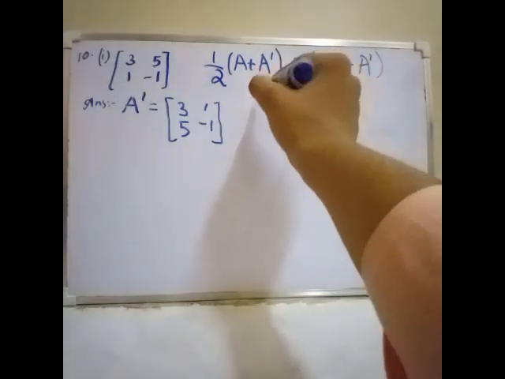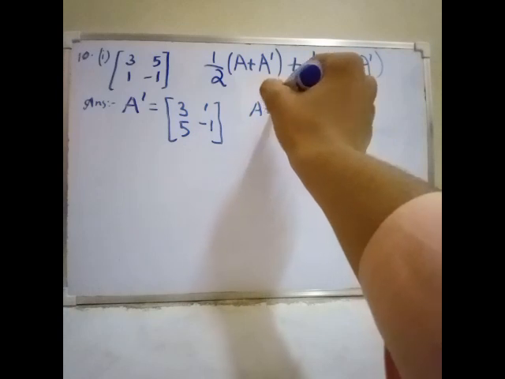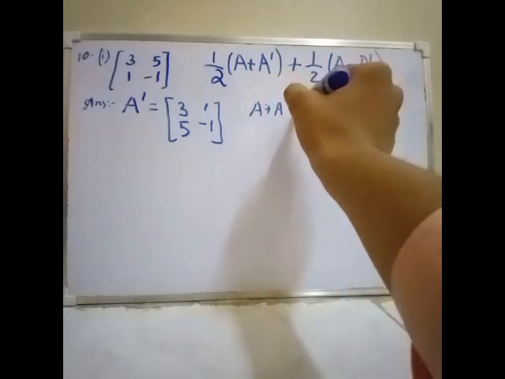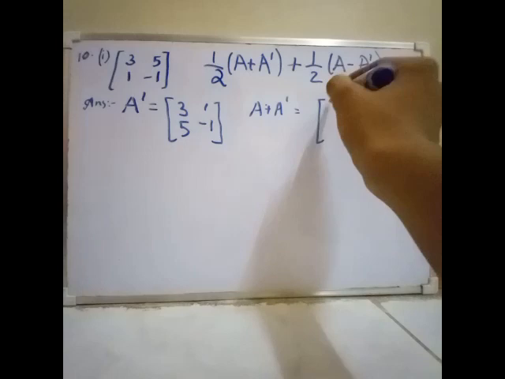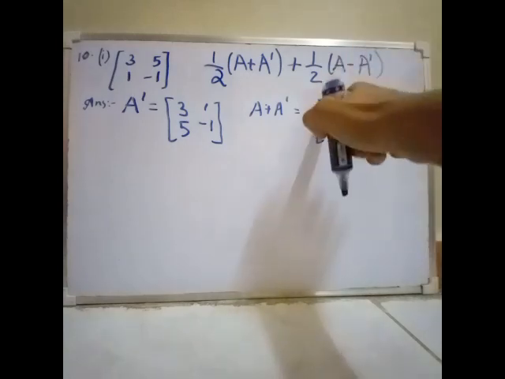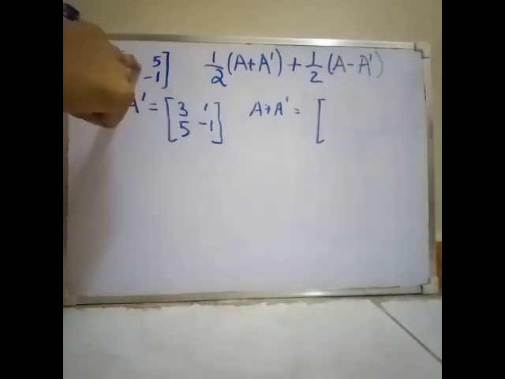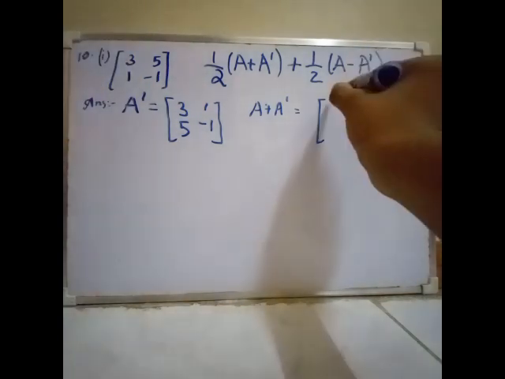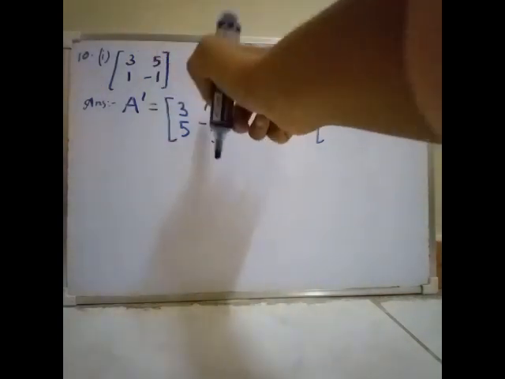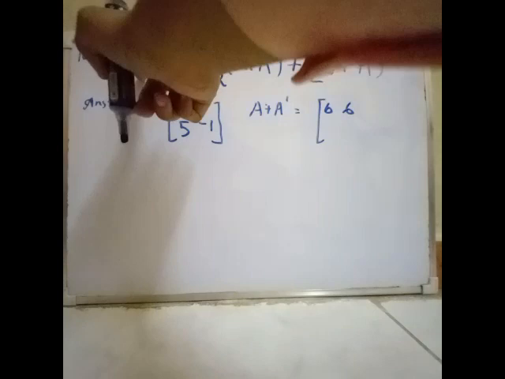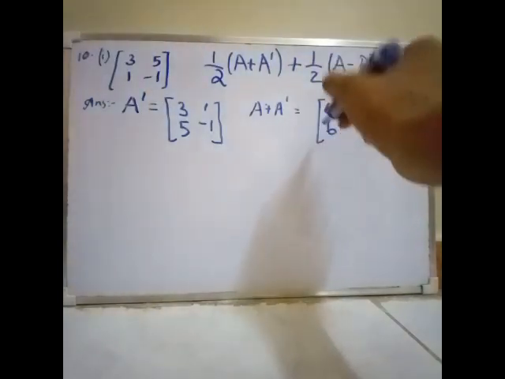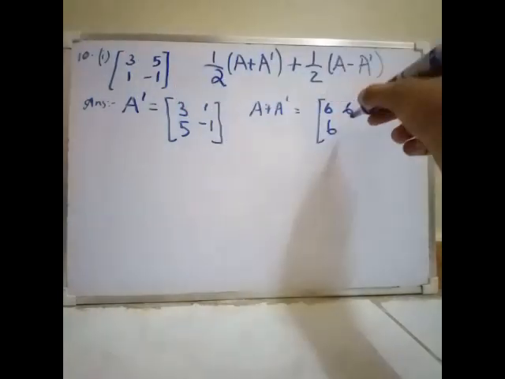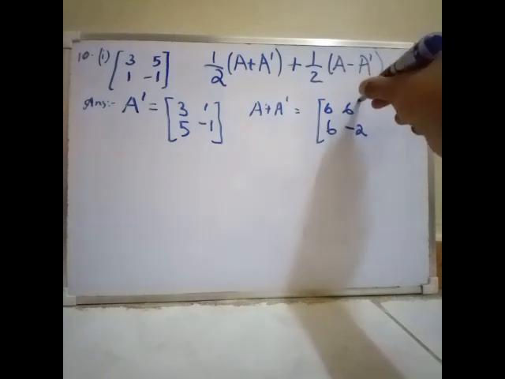Now we have to do A plus A dash, right? It would be 3, actually you can add it directly. 3 plus 3 would be 6 and 5 plus 1 would be 6, 1 plus 5 would be 6, minus 1 plus minus 1, that would be minus 2, right?